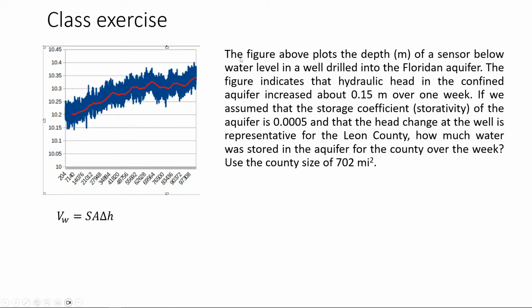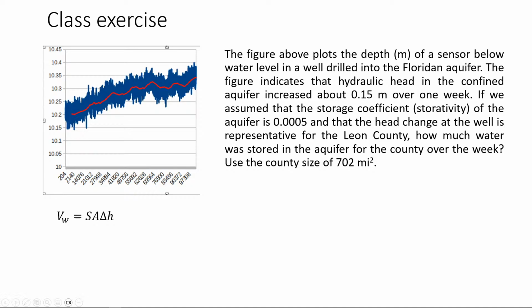So the figure above plots the depth of a sensor below water level. This is actual data from the Floridan aquifer. So the figure above plots the depth of a sensor below water level in a well drilled into the Floridan aquifer. At Florida State University, they have a deep monitoring well that's monitoring the Floridan aquifer, and this is the data that you are getting.